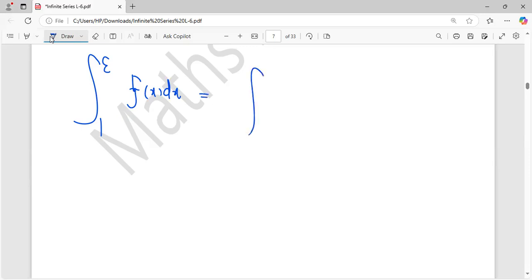This is the integral from 1 to epsilon of 1 upon x to the power p dx.